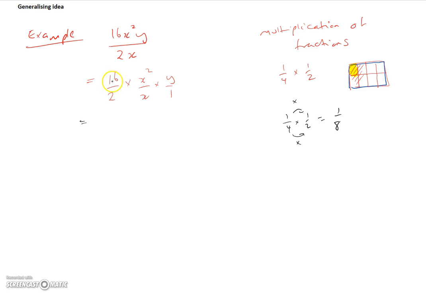If I can't see what 16 divided by 2 is, I can write it out even further. If I can't see what x squared divided by x is, I can rewrite it further to see the cancellation. So I'm going to write it like this. I've got 8 times 2 on 2, which is this one.